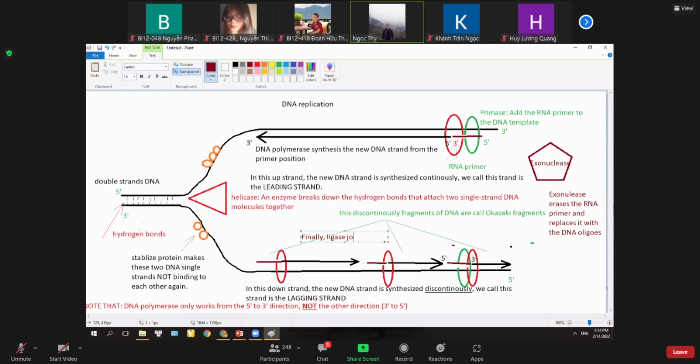Let's join up the Okazaki fragments by sealing the sugar and phosphate backbone of the DNA strand.